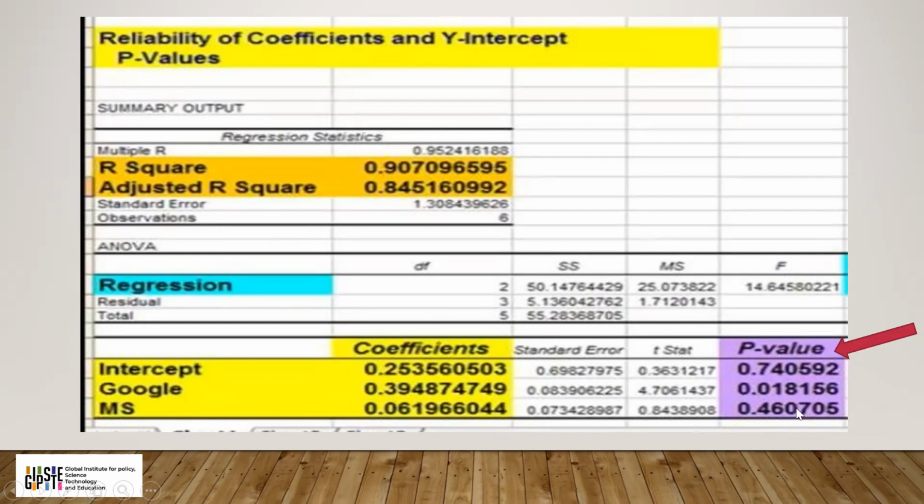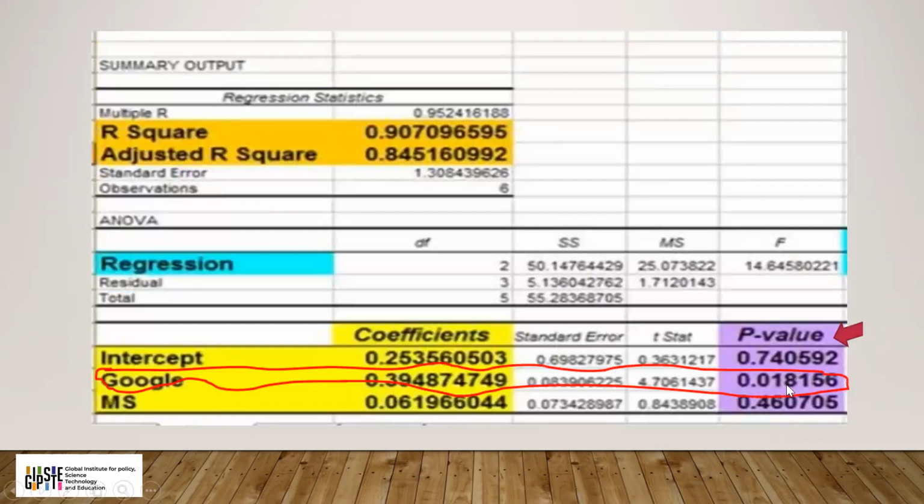By inspection, you observe that only Google tends to be statistically significant at 5%, because the p-value here is less than 0.05. The rest are all greater than 0.05, and they are also greater than 0.1.